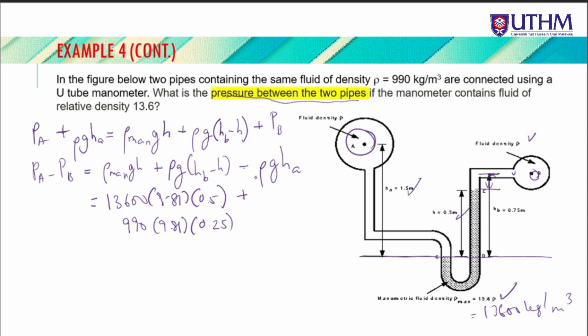Okay, last kali adalah minus rho dekat sini. 990 times 9.81 times 1.5.